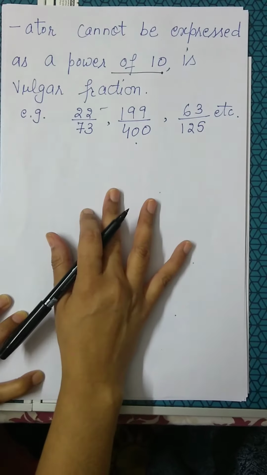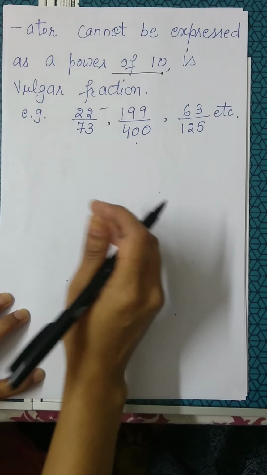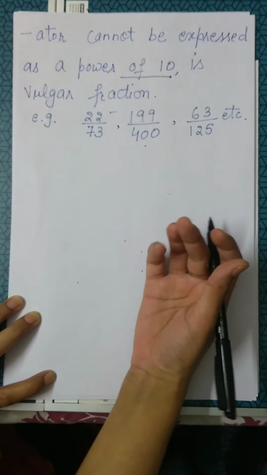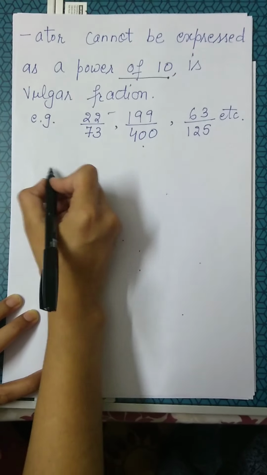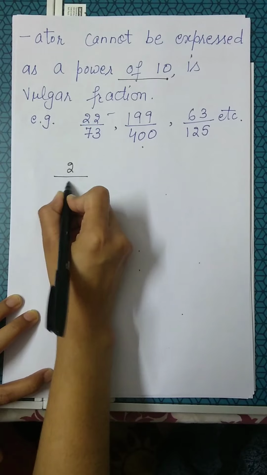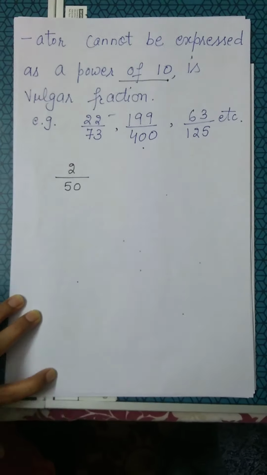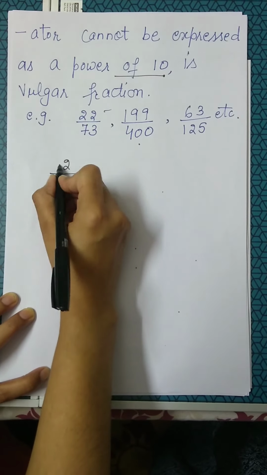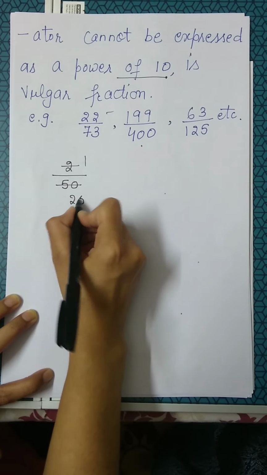Now in order to check whether a number can be a terminating decimal form, I just need to see the denominator. Let me take the number 2 upon 50. I know I can reduce this number. This will become 1 upon 25.